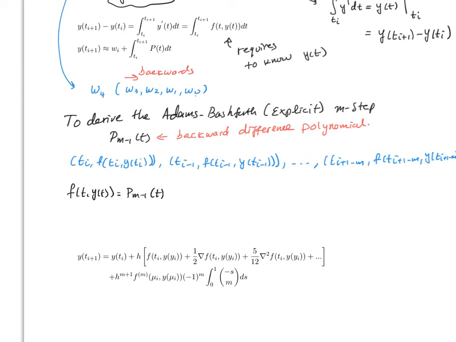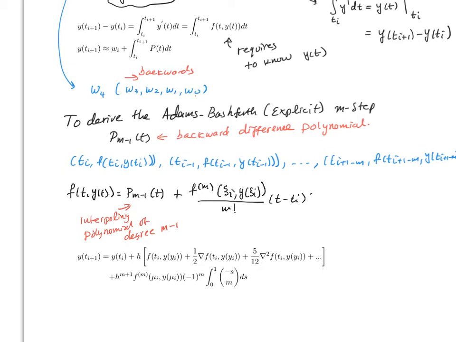So this is the interpolating polynomial of degree n-1, plus the error term, which is the nth derivative evaluated at ξ, over n factorial, times (t - t_i)(t - t_{i-1}) all the way to (t - t_{i+1-m}).